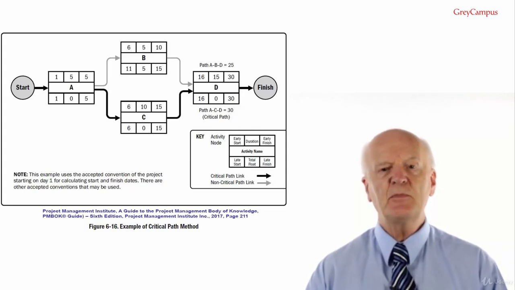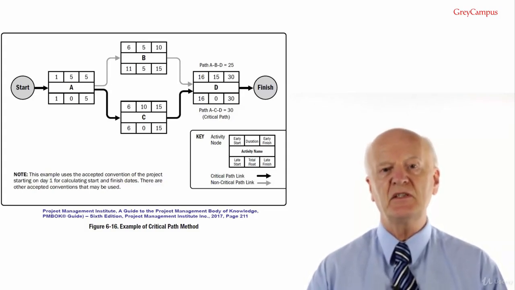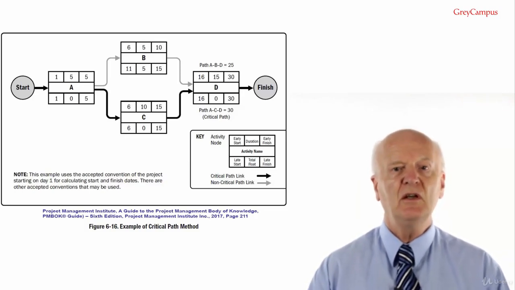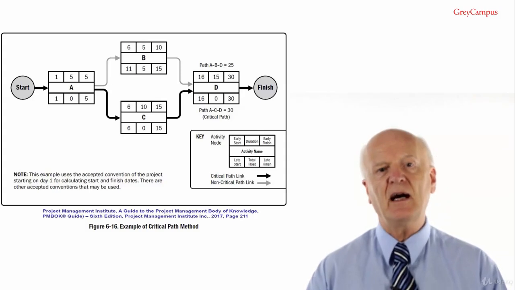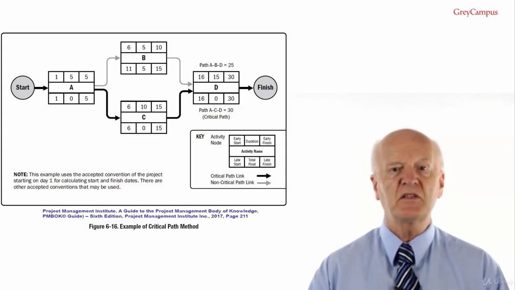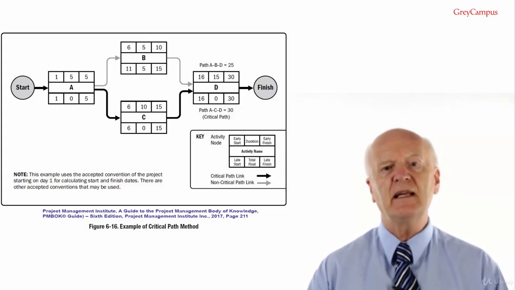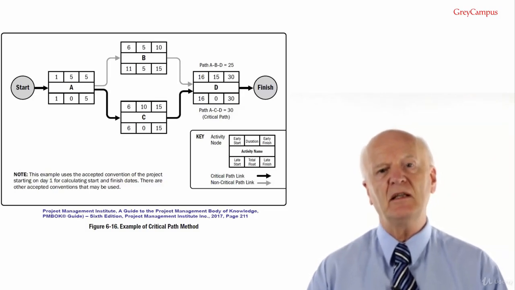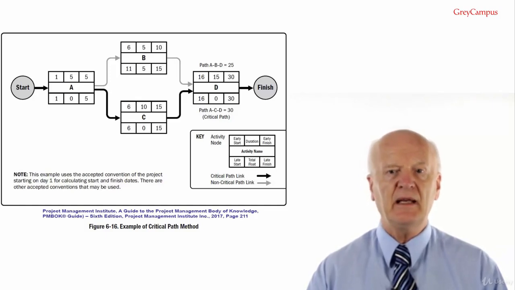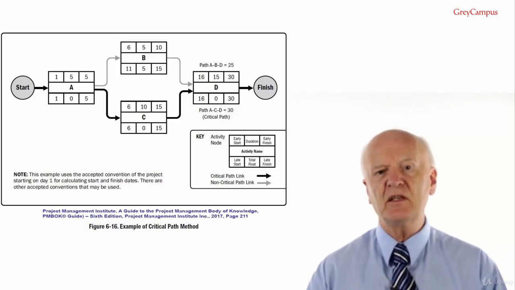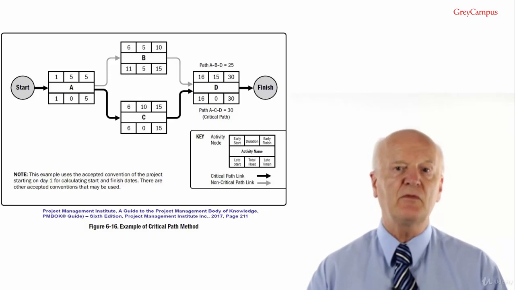Why is that? It's because we haven't considered activity C yet, and when we do, we overwrite the values in activity D if the new results are higher, otherwise we leave them. Because in the forward pass, we're calculating the earliest time each activity in the network can start and finish. When we calculate path A to B to D, the earliest finish date for the project was 25.